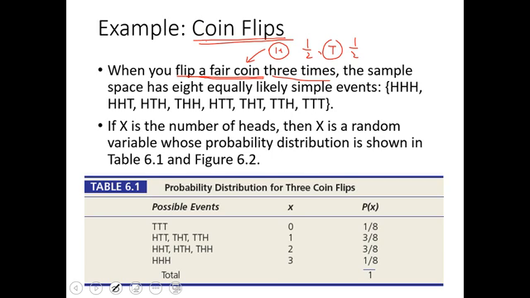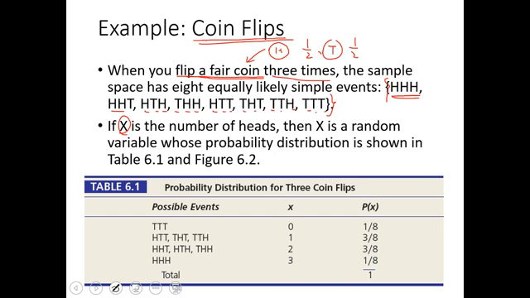So then we can imagine the possible outcomes: 3 heads, 2 heads, tail, tail, head, tail, head, tail, tail, head, tail, head, tail, tail. So that is the possible outcome. That is the sample space S. And X is a random variable.